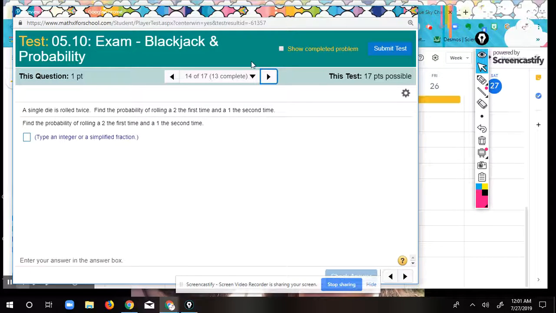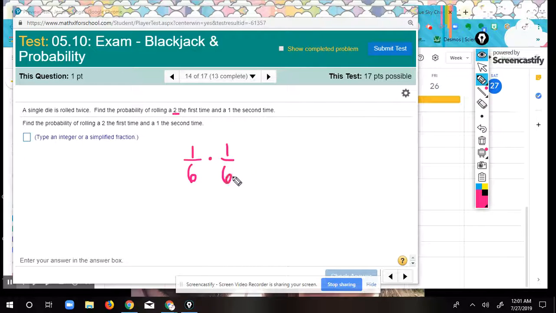Okay. Single die. I'm thinking this is a standard die. Find the probability of rolling a 2 the first time and a 1 the second time. So this is just one die. There's only one side that's a 2, so it's going to be 1 out of 6, and a 1 the second time.